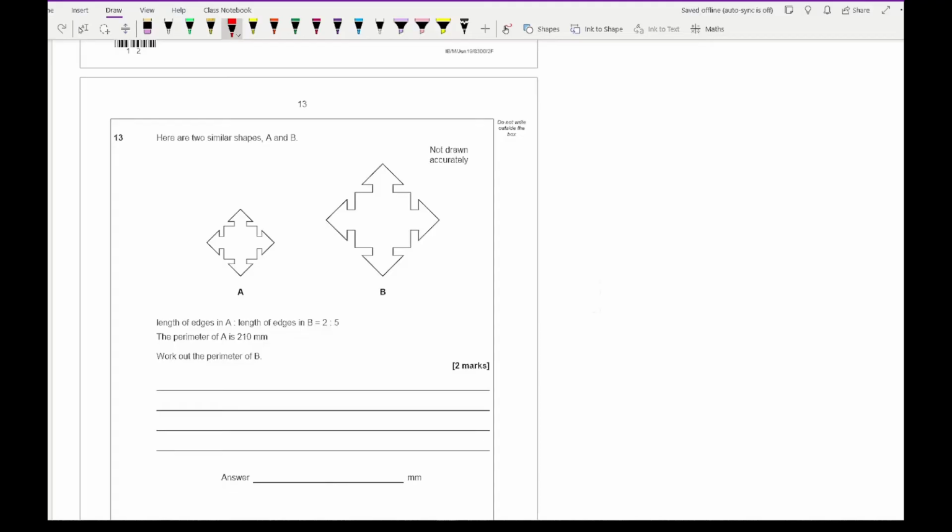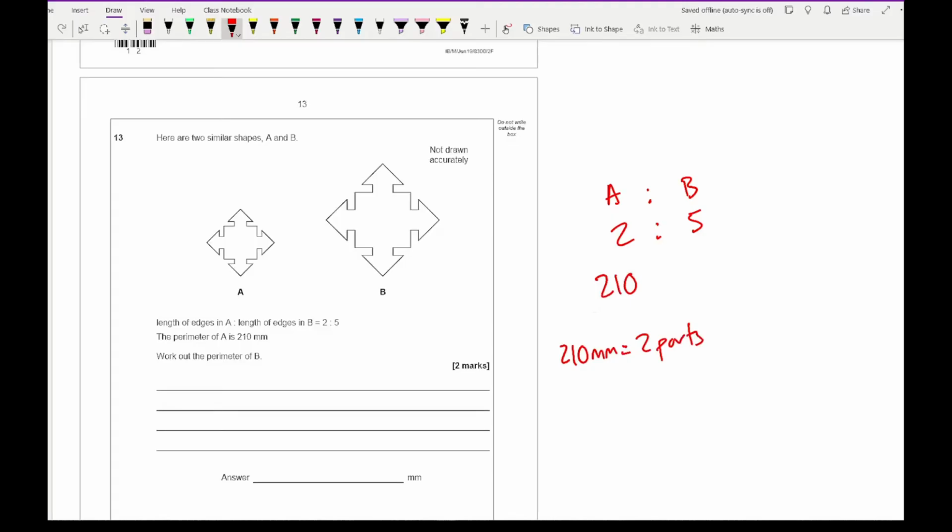Well, the key thing to remember is that the ratio refers to distance, it refers to length. It doesn't matter what the length is, the length of A to B is always going to be in the ratio of 2 to 5. So looking at this ratio, A to B is 2 to 5, and it says that the perimeter of A is 210. So that means that 210 millimeters equals 2 parts.